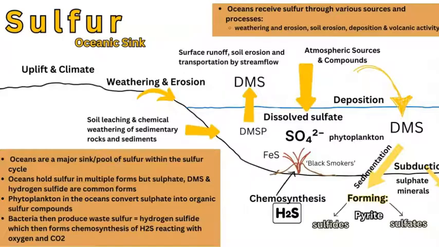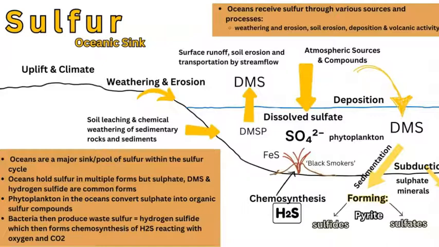And these microscopic organisms will then produce hydrogen sulfide as a waste product, which would then be used by chemosynthesis or chemoautotrophs on the ocean floor to create their own food and sugars without the presence of sunlight. So they would add in the CO2 and oxygen into the H2S, which is hydrogen sulfide, and create their own energy and food.